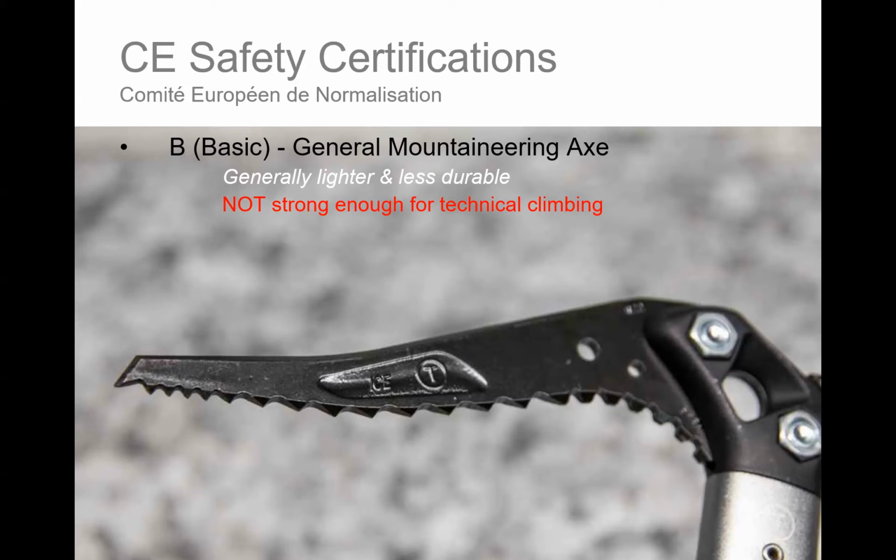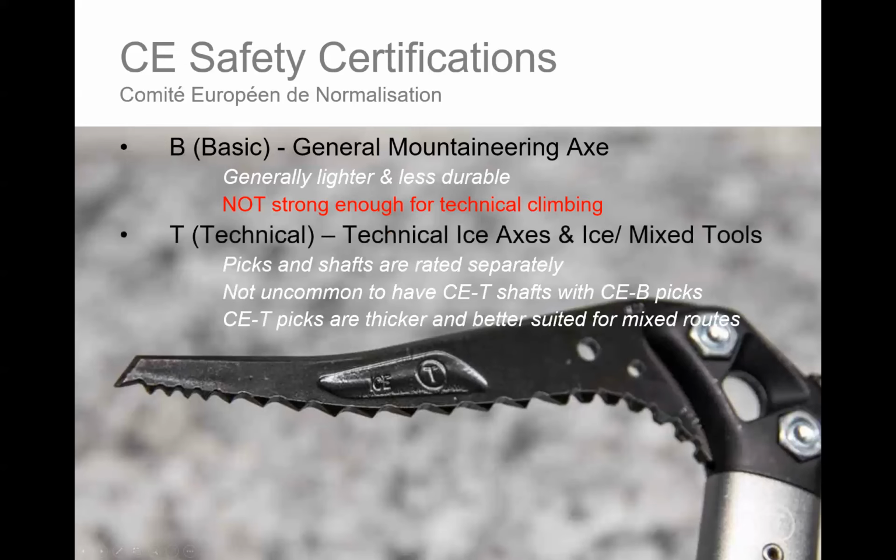How you find that out is you can see the rating code on the pick or on the handle, and it's either a B or a T. We really want tools that speak to the T.